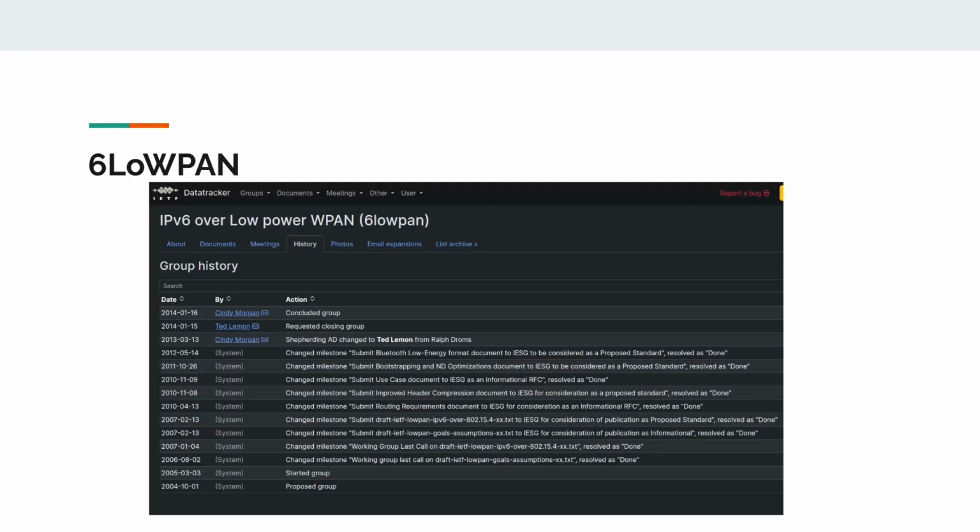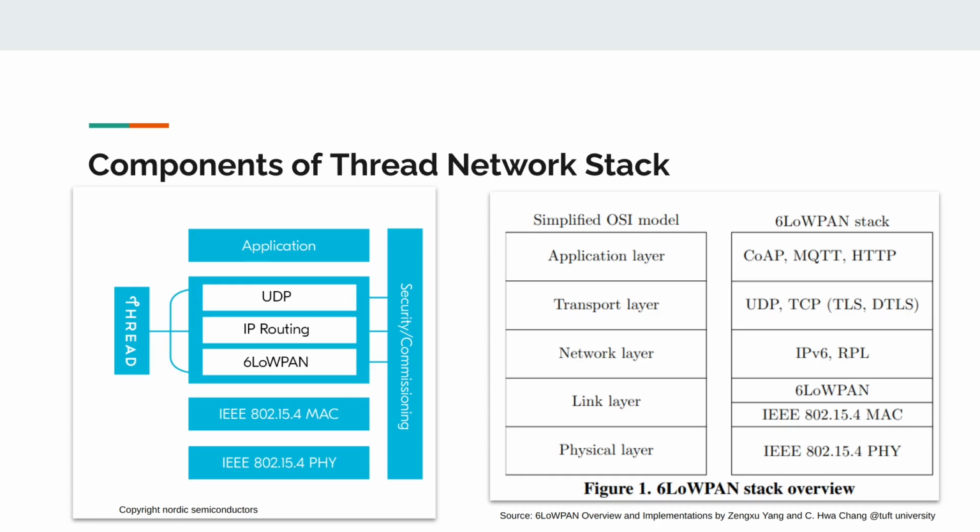Now going into the components of a Thread network stack. So what kind of components do we have? As we already know, on the right diagram, 6LoWPAN was to enable IPv6 communication over IEEE 802.15.4, and that is basically what you can say is Thread.